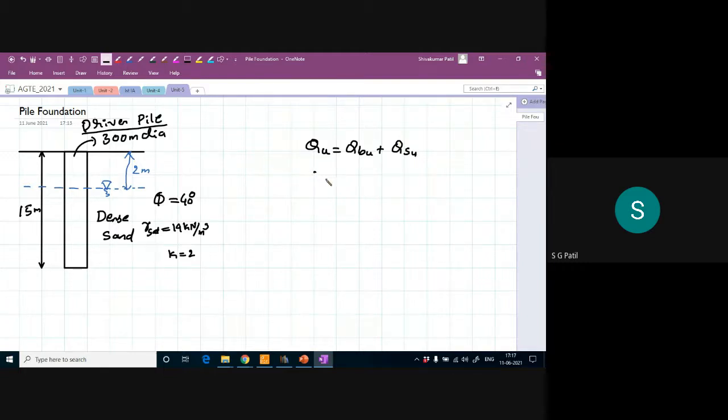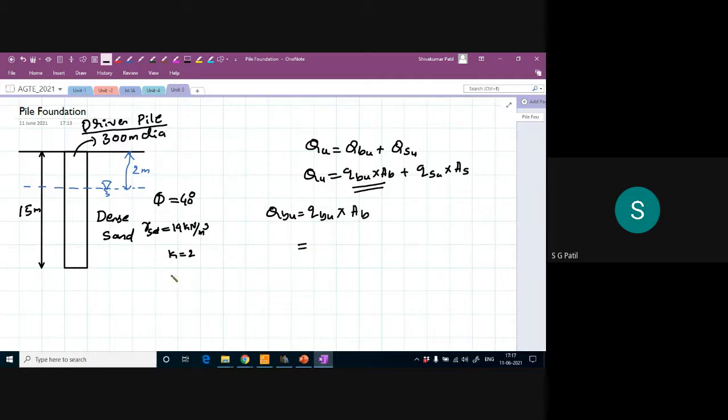So this base resistance is your unit base resistance, small QBU into base area, plus small QSU into surface area. So first, calculate this parameter.